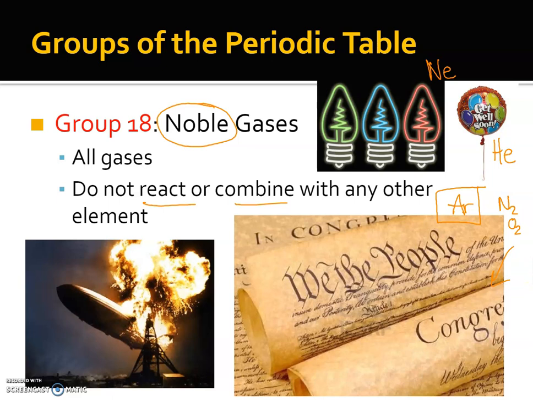Anybody know what this picture is over here? This is the Hindenburg. This is the Nazi blimp that used hydrogen instead of helium. Helium on the periodic table is all the way over here with the noble gases. Hydrogen is over here. Well, the Nazis, who were really bad people, had an embargo placed upon them and nobody was trading helium with them. And they were like, yeah, well, hydrogen does the same thing. Oh, yeah?